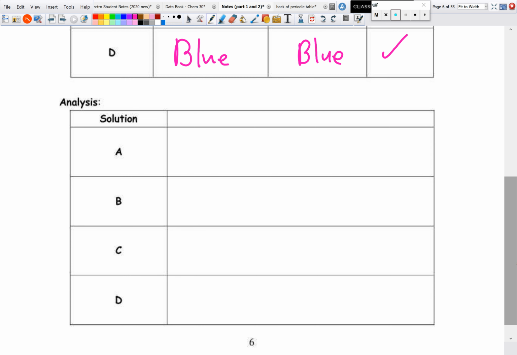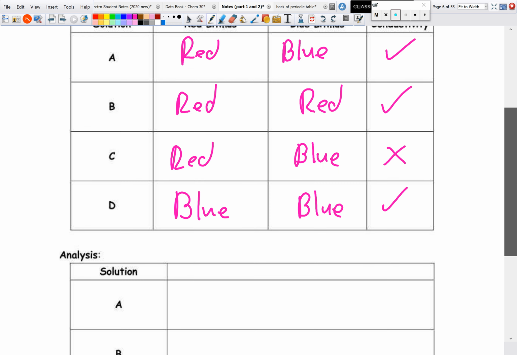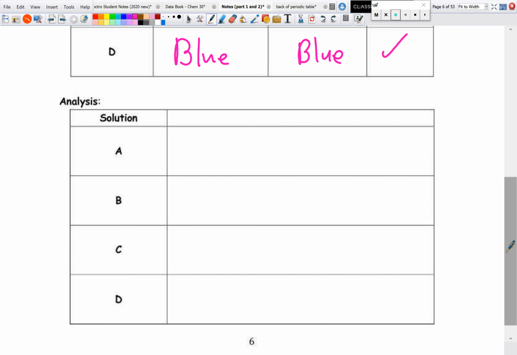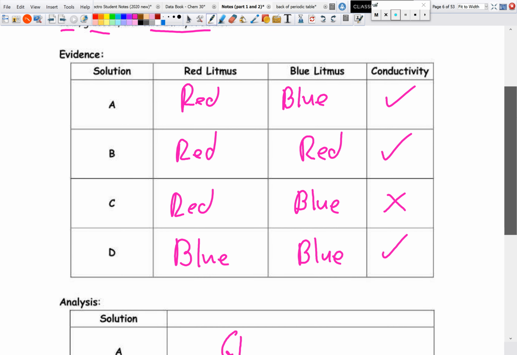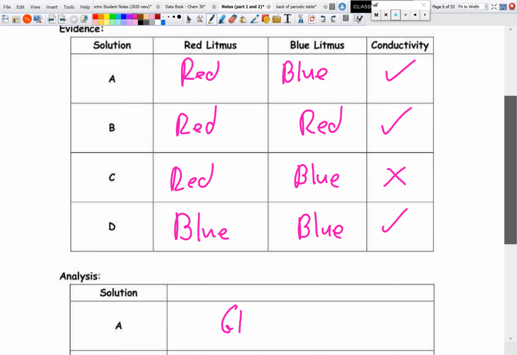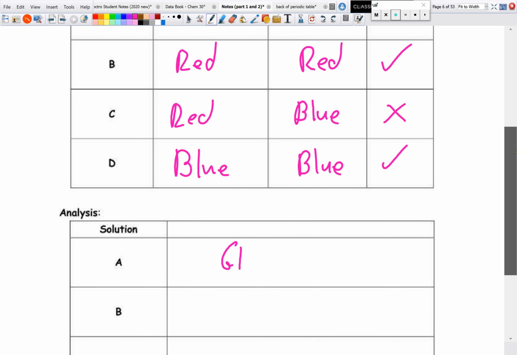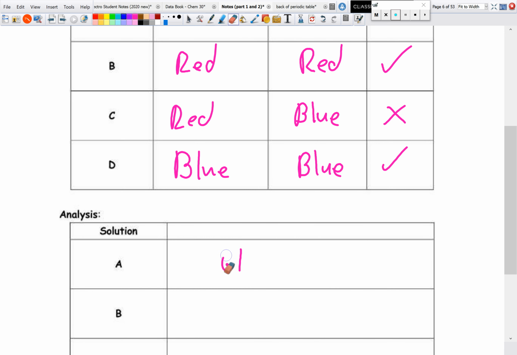All right. So of course with these here, the results we should have gotten, it's not going to be glucose with the first one.